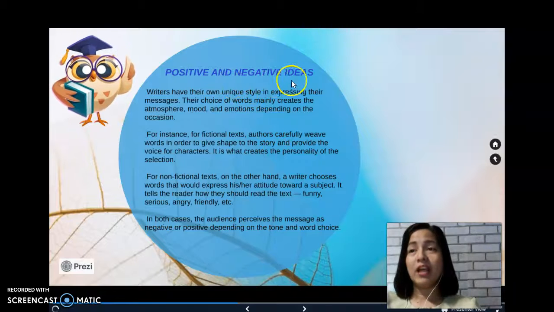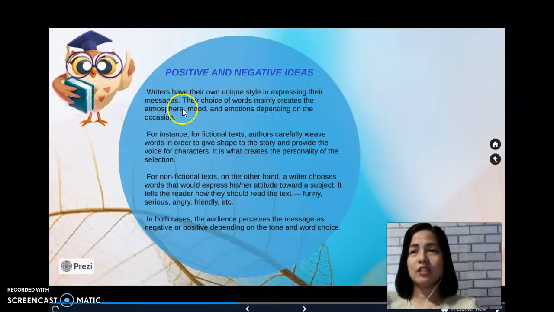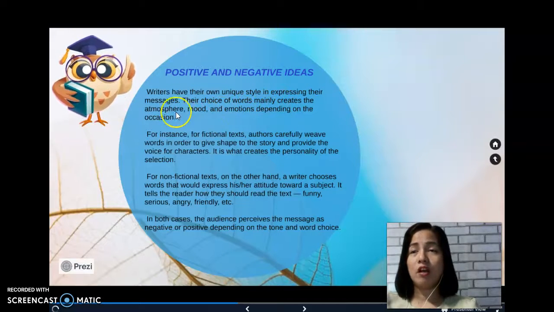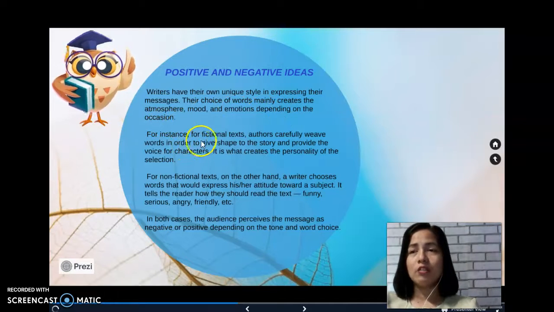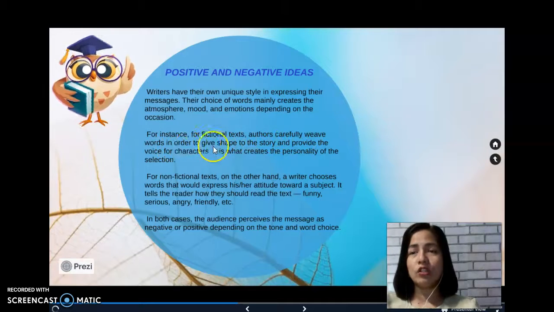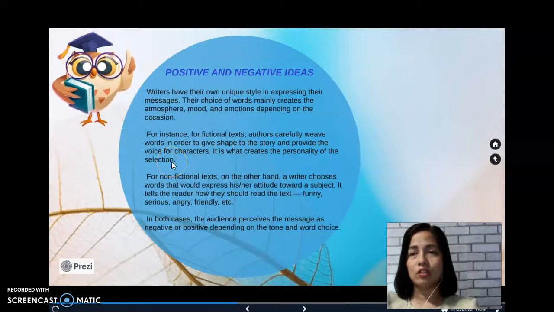Positive and negative ideas. Writers have their own unique style in expressing their messages. Their choice of words mainly creates the atmosphere, mood, and emotions depending on the occasion. For instance, for fictional texts, they carefully weave words in order to give shape to the story and provide the voice of characters. It is what creates the personality of the selection.